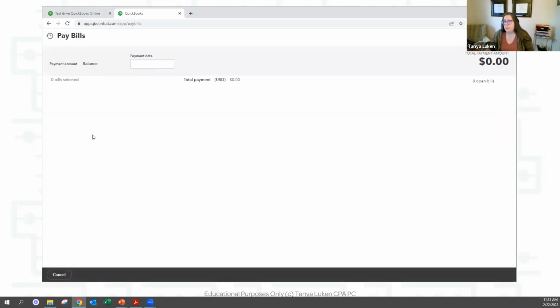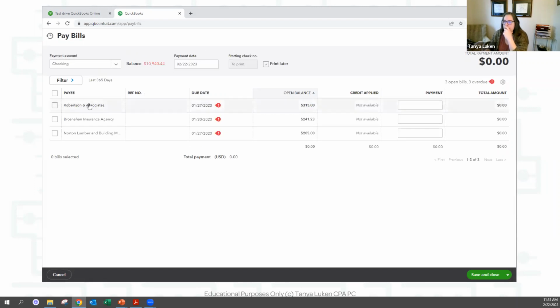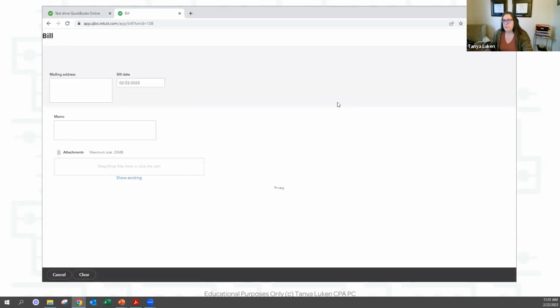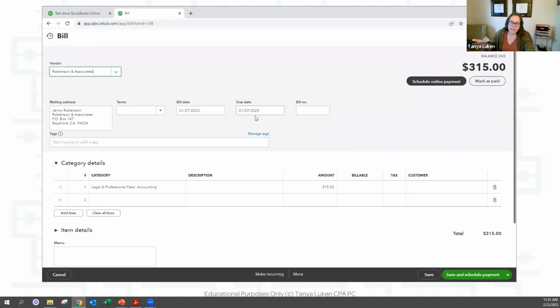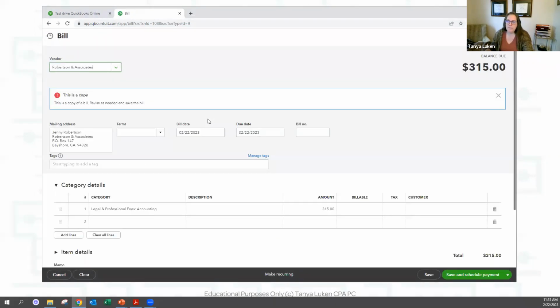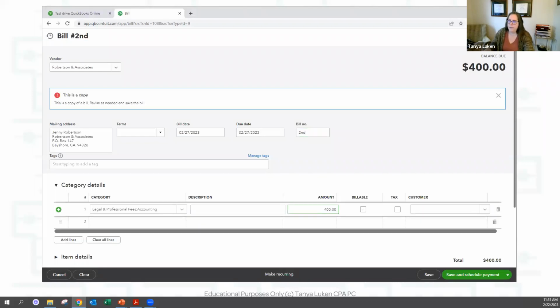Let me show you that real quick. So this is a current open bill in the sample company file for accounting fees to Robertson and Associates. I'm just going to copy this one and make a second one. I'm going to call it the second one, and I'm going to make it $400.